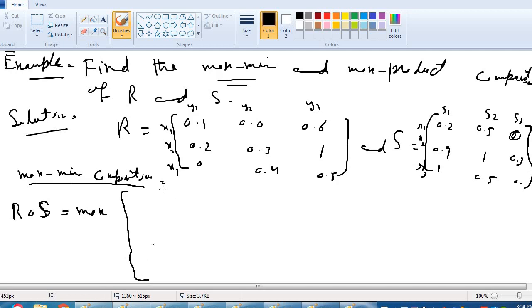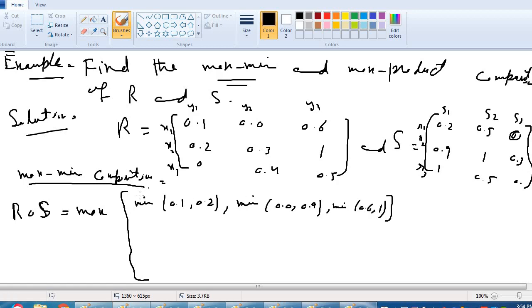First apply this. We will take the minimum of 0.1 and 0.2. Then we take min of 0.0 and 0.9. Then we take min of 0.6 and 1.